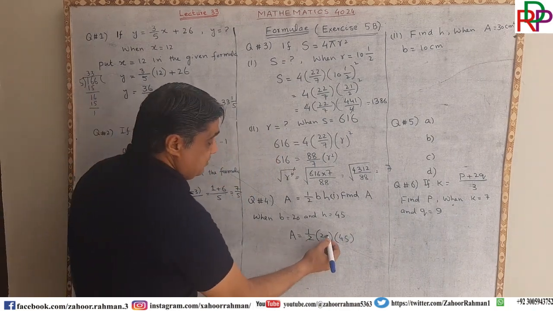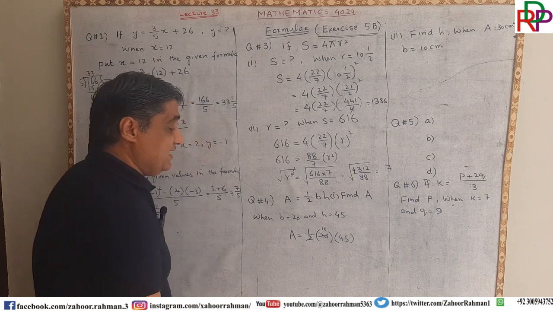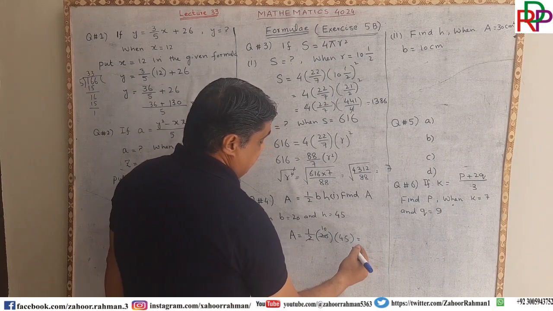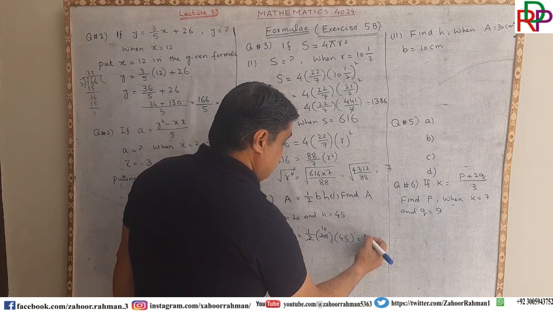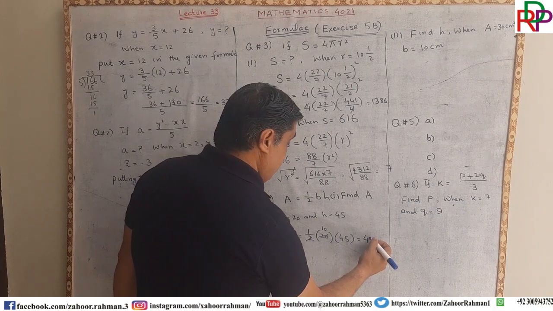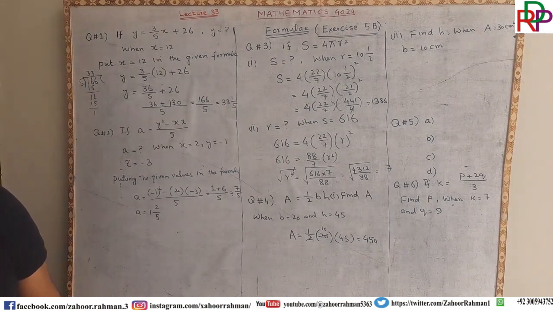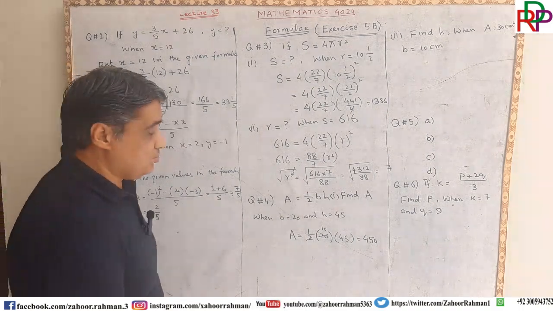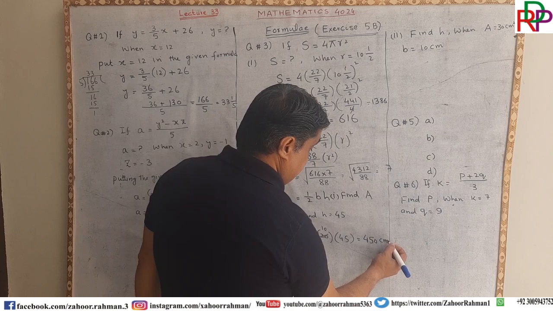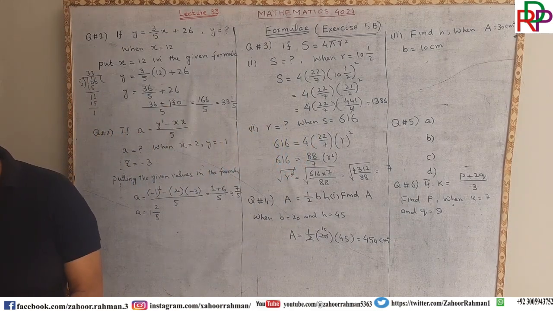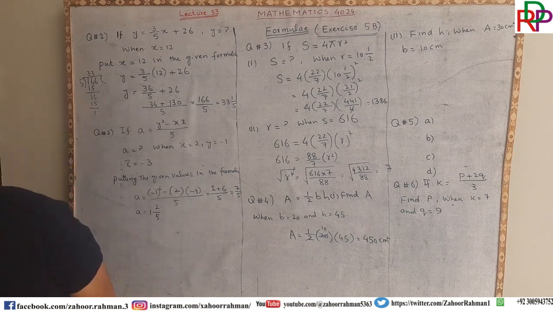Now 2 ones are 2, 2 tens are 20, and when 10 is multiplied with 45, it will become 450, and the unit should be in square. They gave us the values in centimeter, so it will be centimeter square. Now 450 is the answer of this.